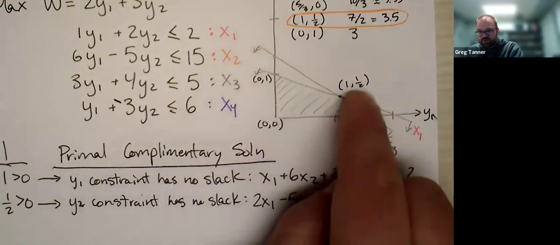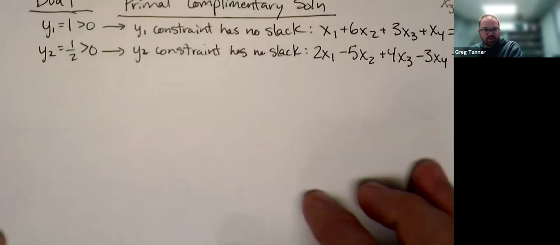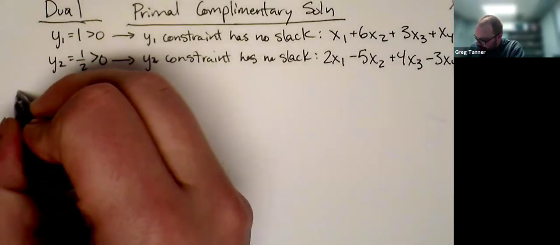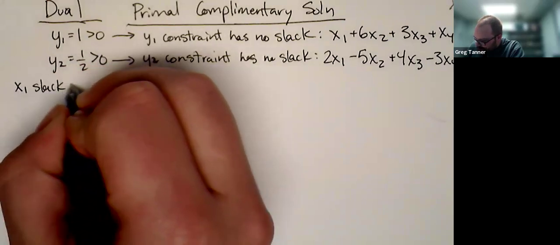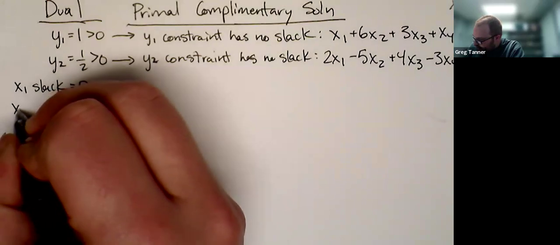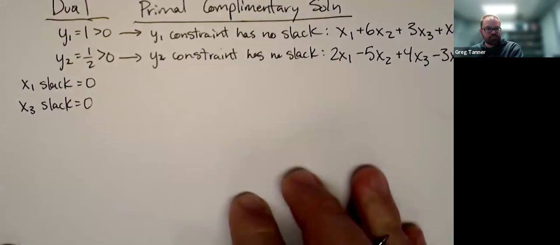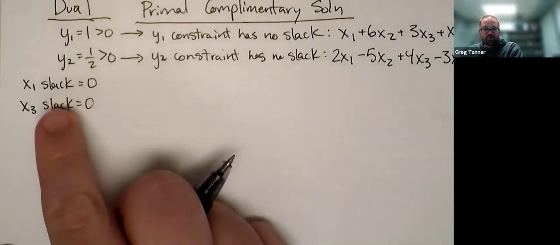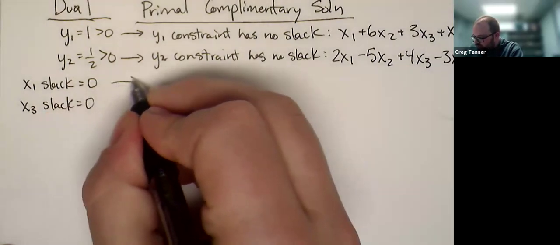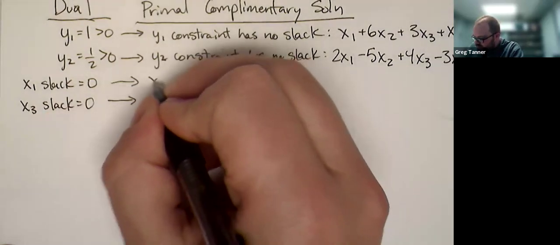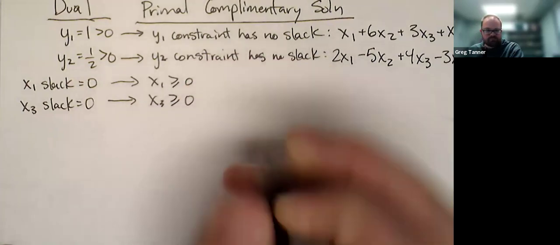And so both those two constraints have no slack. Okay, so I'll say this one as x1 slack equals 0, and x3 slack equals 0. Okay, they're 0, which means that the corresponding variable in the primal just tells us that x1 is greater than or equal to 0 and x3 is greater than or equal to 0.